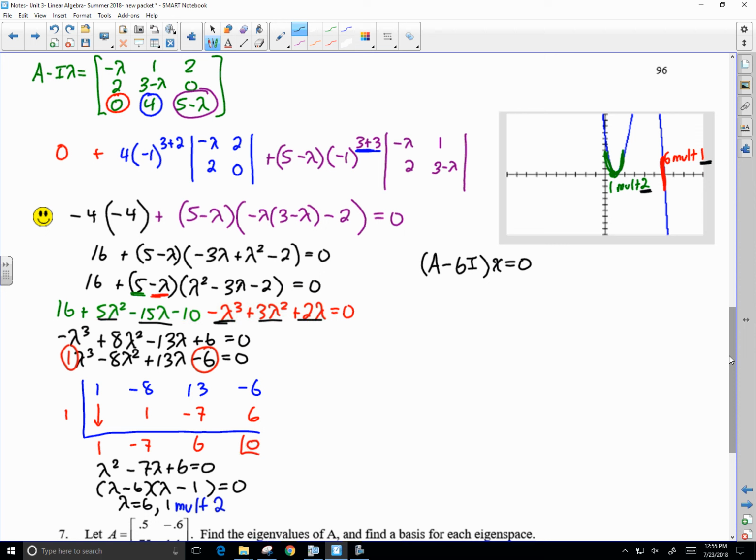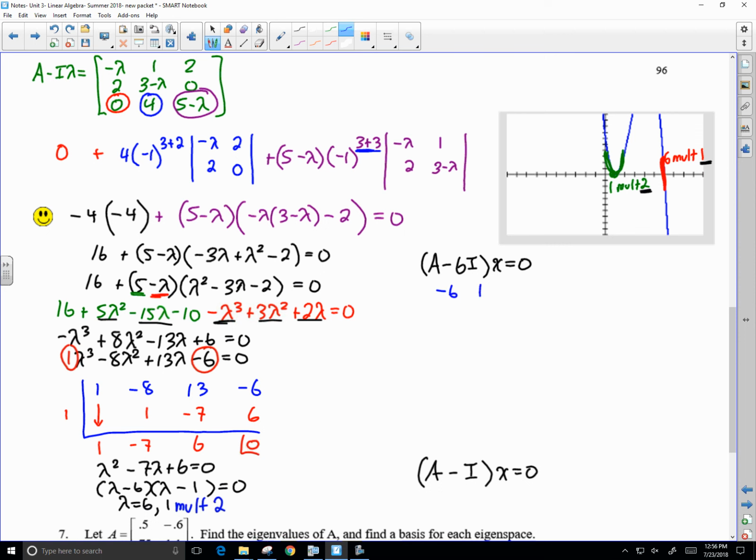And then we'll take care of, at some point down the line, A minus just plain old 1I times x equals 0, to get my eigenvectors. Now you've got your characteristic matrix, characteristic equation coming right up. All you have to do is replace the lambda with the 6, so it should be pretty easy. You can jump right to the augmented matrix.